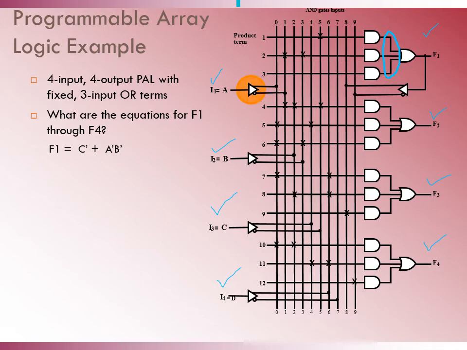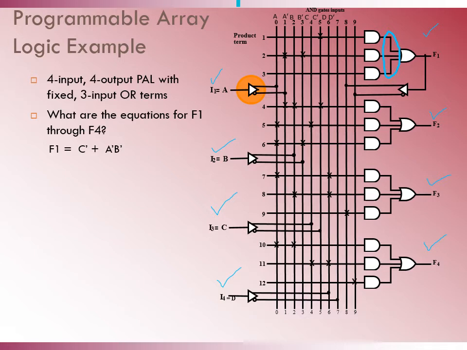Now, the role of the dual inverter is to generate two outputs. One, the variable itself, that is A. The second, the complement of the variable, that is A bar. Similarly, we can generate B bar, C bar and D bar as shown at the top of the diagram.